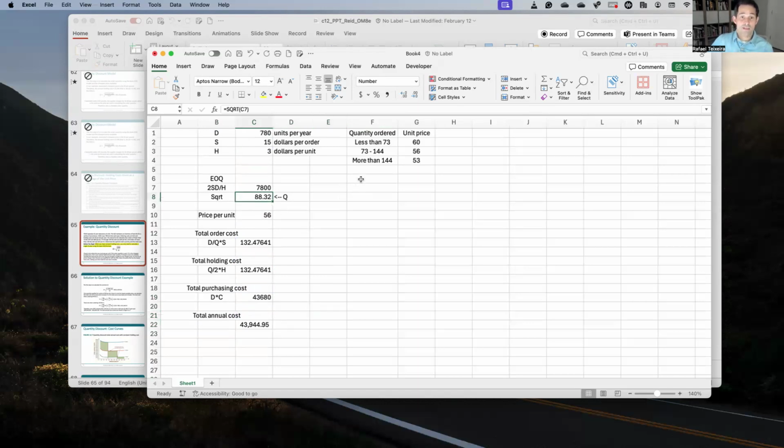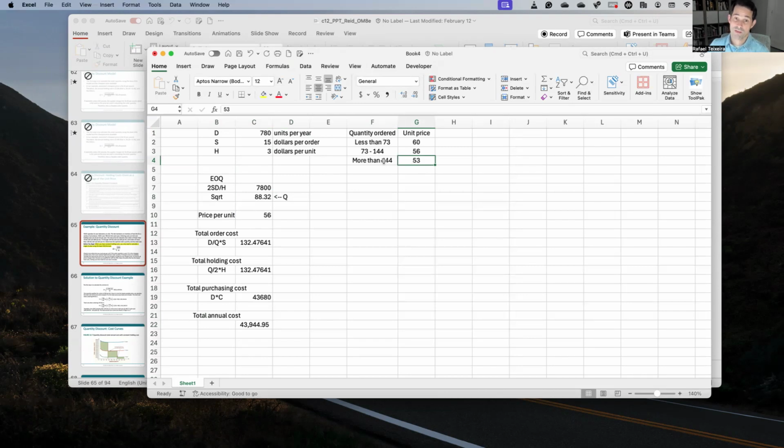So the next step is how much would the total annual cost be if I order the minimum to get this lowest price? How many units should I order to get $53? What is the minimum that I have to order to get this price?